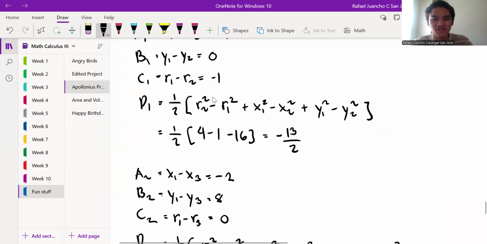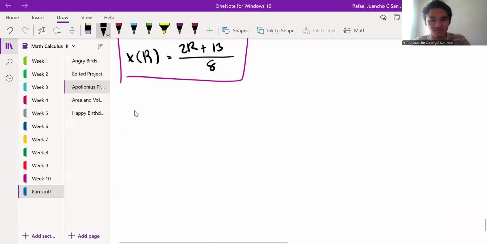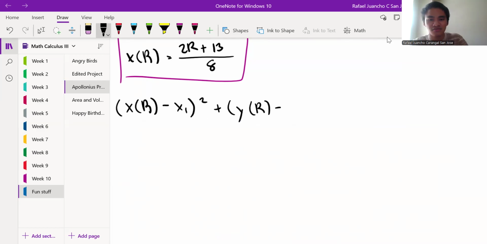Because here we're just trying to find some R value, right? So let me take a screenshot. Okay, so let me just do this. X of R minus x sub 1, and I square that. My y of r minus my y sub 1 is equal to my r minus r sub 1. And then voila, now we can just plug in everything.